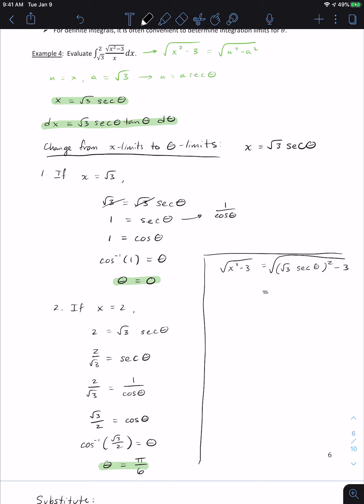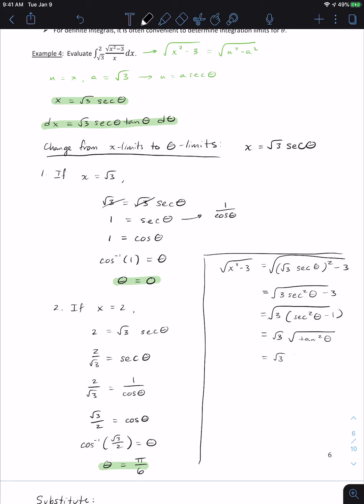So I get 3 secant squared theta minus 3 underneath the square root. Pull out a 3, I'm left with secant squared theta minus 1 underneath the square root. The square root of 3 is just square root of 3. And then secant squared minus 1 is tangent squared theta.